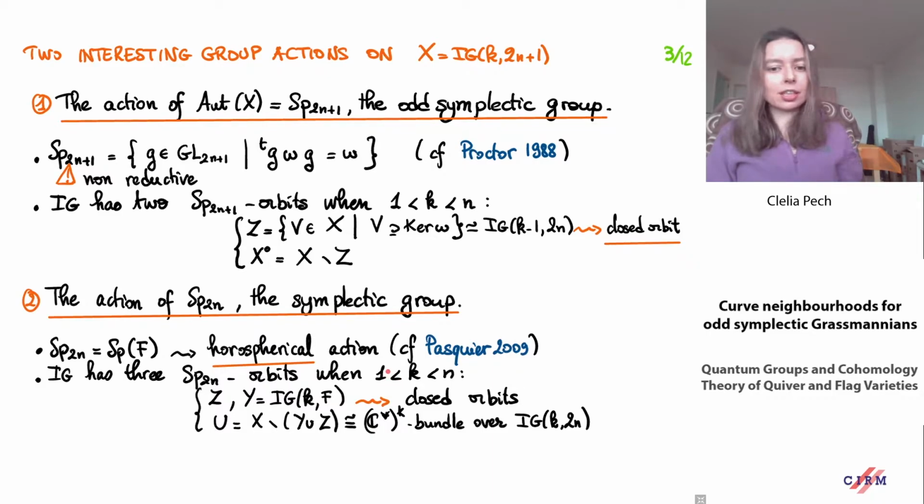So you have these 2 closed orbits which are homogeneous, and then you have the complement. It turns out that this complement, the open orbit for that action, is a C star bundle over a homogeneous space, and that's part of the definition of being horospherical, if you want. Right, and it turns out that to study the curved neighborhoods, both of these actions are useful, and I'll try to demonstrate why in the talk.